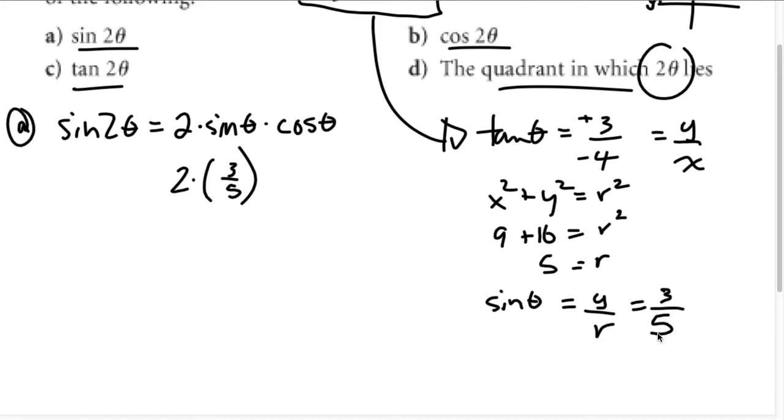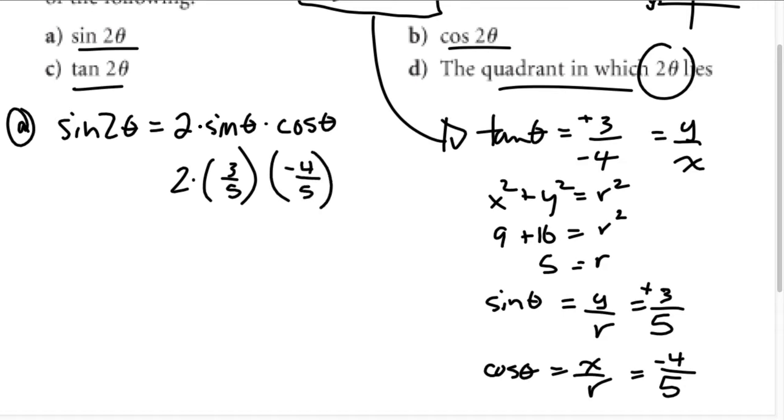Sine theta is positive. Cos theta would be x over r, and x from up here is negative 4, over r, which I just found out was 5. So cos theta is negative 4/5. So I put in, instead of cos theta, negative 4/5.